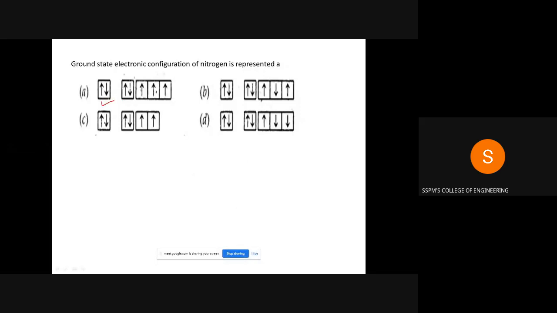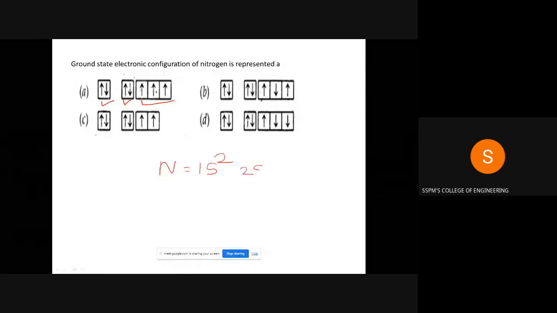So the correct configuration for nitrogen, the ground state configuration, is 1s2, 2s2, 2p3. In this way you can write the configuration: the 1s orbital fills only 2 electrons, 2s2 and 2p3.